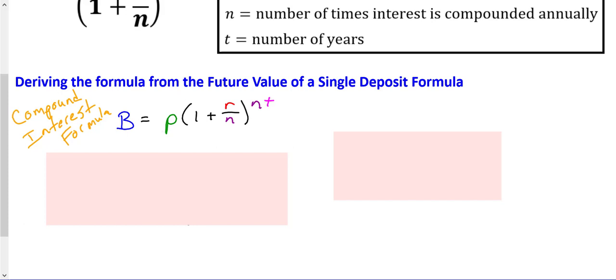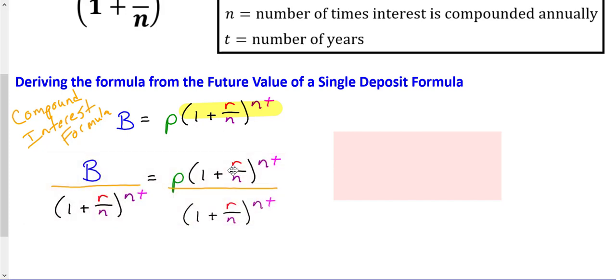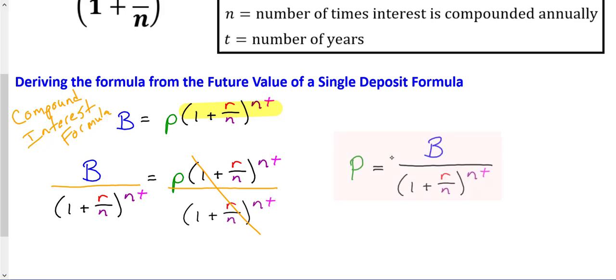So you're going to have to move 1 plus R over N to the NT to the other side of the equation. You would divide both sides by 1 plus R over N to the NT, and it would cancel out on the right side, and you would be left with the formula P equals B divided by 1 plus R divided by N to the NT. And that is the formula we would use to determine what single deposit we would need to put in to reach a certain amount of money.